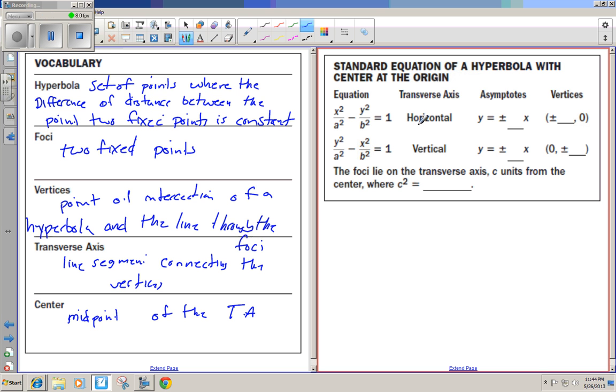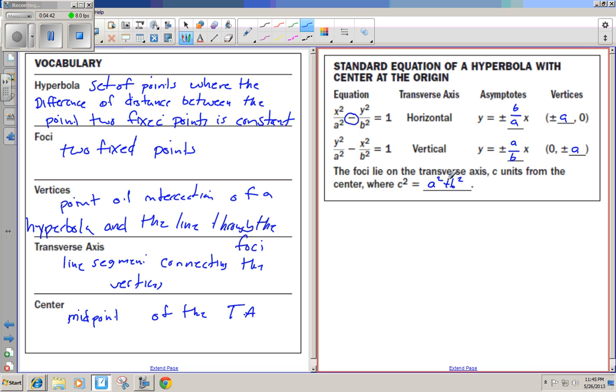So if you have a horizontal hyperbola, it has asymptotes at plus or minus B over A, and the vertices are at A. If it's vertical, it's now A over B instead of B over A, and the vertices are at 0, plus or minus A. And since there's a sign difference here, c squared is actually A squared plus B squared.